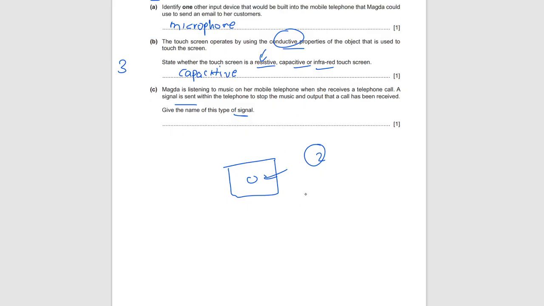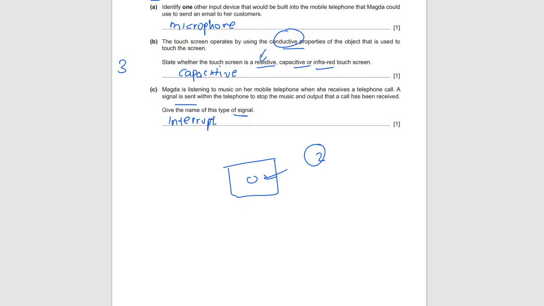In this case, an interrupt is a signal that tells the microprocessor in the phone to stop whatever it is doing and focus on that problem. Whenever you get a call, whatever you're doing will stop and the call screen will come on. So the answer is a signal called an interrupt.